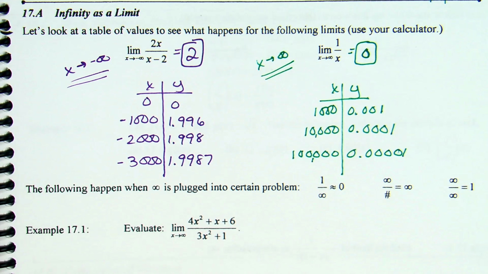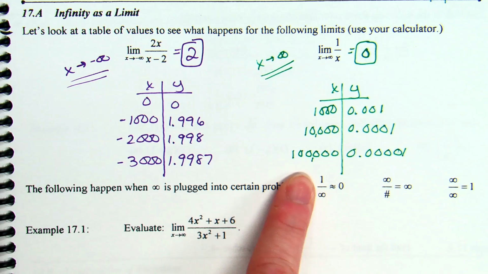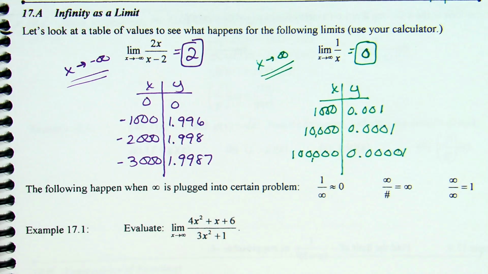Some things like that. So first of all, when you plug infinity in, if you have, say, 1 divided by infinity, or any constant number, even if it's 1,000 divided by infinity, infinity means that denominator is getting bigger and bigger and bigger, right? And if you had a constant solid number on top, and that denominator is getting bigger and bigger, what's happening to that fraction?